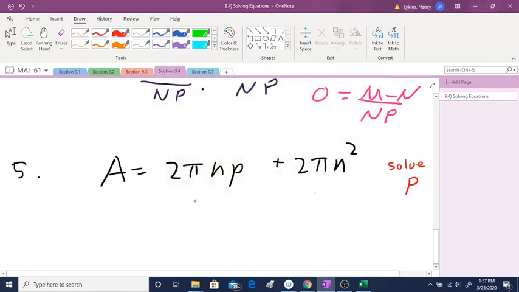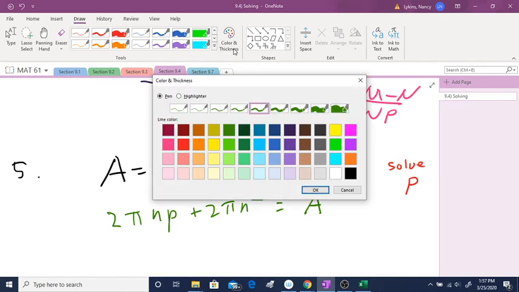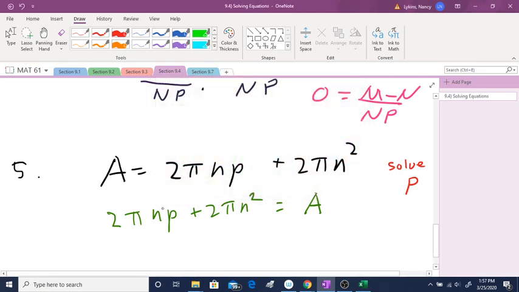So I'm going to rearrange this equation now, and I'm going to say 2 pi NP plus 2 pi N squared equals A. And now I need to solve for P right here.